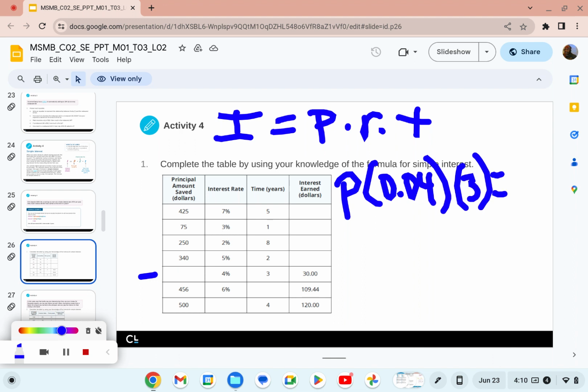And then that's going to equal 30. Now I'm writing it this way because that is how my problem is set up. The interest earned equals the principal amount times the interest rate as a decimal times 3. So I don't have the principal. So then I am going to start.